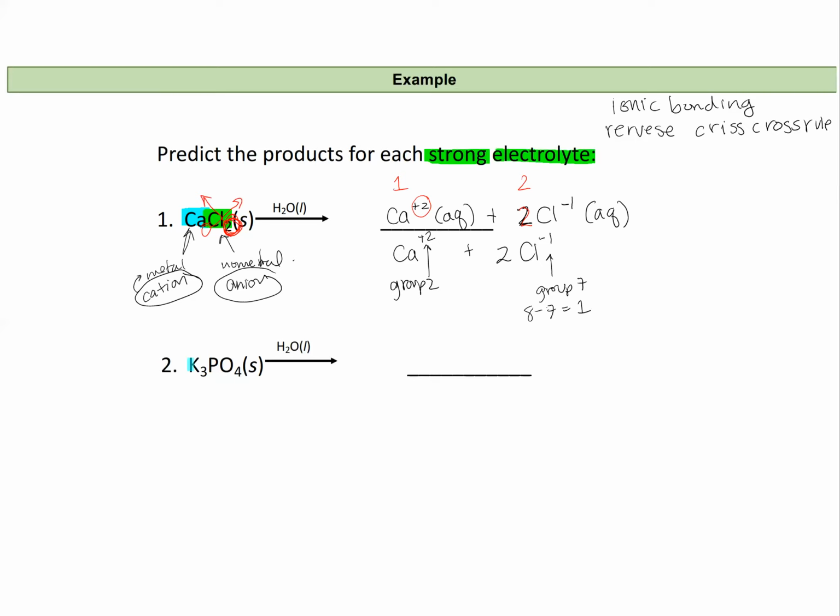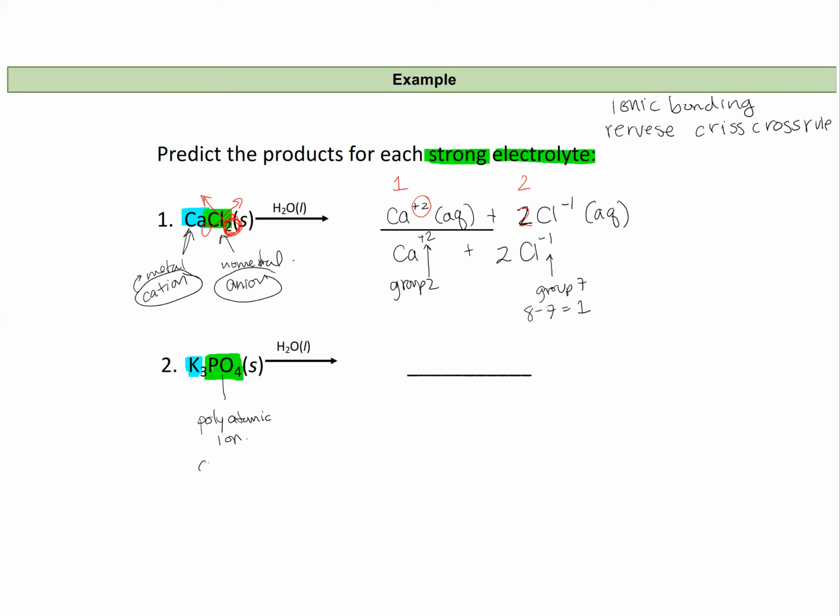I see a metal, potassium, so right away I can pick that out as my likely cation. And then I see multiple nonmetals, phosphorus and oxygen. So hopefully after we worked on ionic bonding, when you see this, you recognize it as a polyatomic ion. So this would be all together.